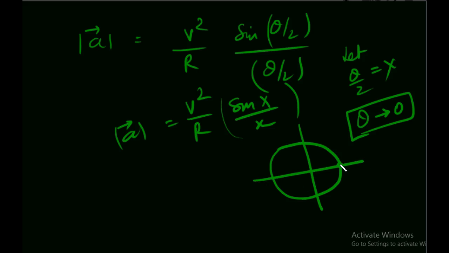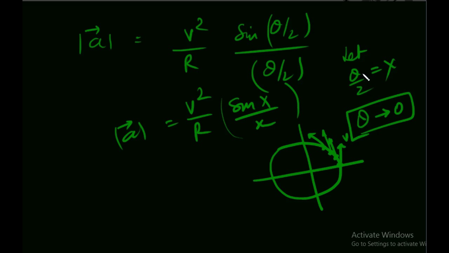Velocity is changing because it is continuously following a tangent along the circle. So at minuscule points, velocity is changing. For example, here it is this, here it will be like this, like this. This means we have to take a very small angle. So we can take theta reaches 0, okay.